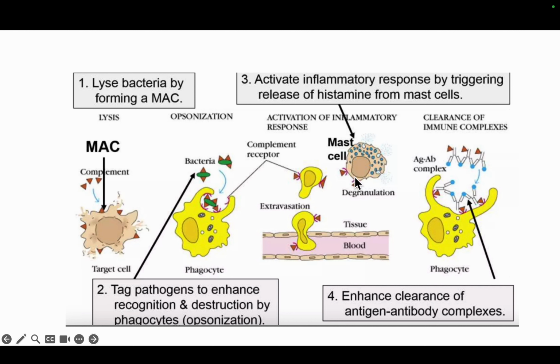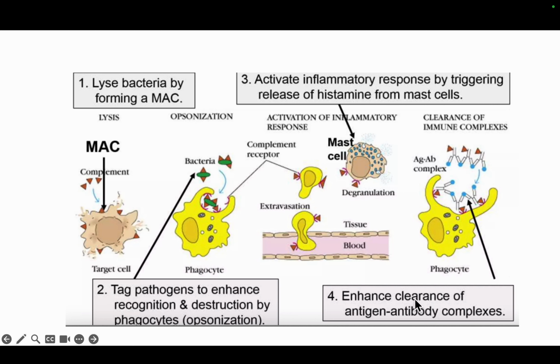Basically the complement system interacts with complement receptors, and through some cascade mechanisms it also interacts with receptors present on mast cells, and then through different signaling pathways it releases histamines or inflammatory molecules from mast cells.